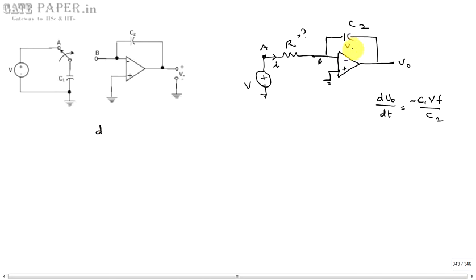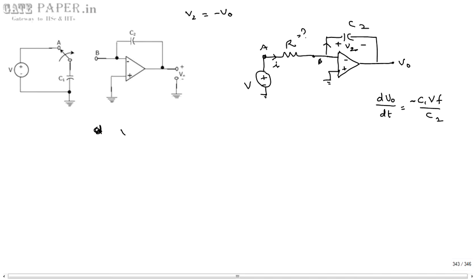Again V2 is the voltage across the capacitor, and it always follows this direction because current enters this way. So V2 is nothing but minus V0, as we have already seen.